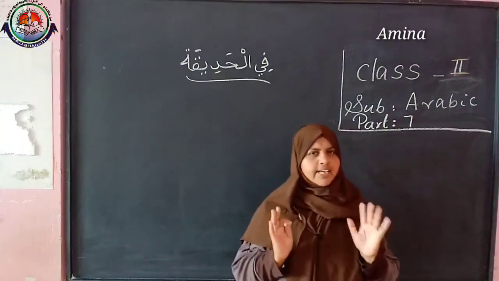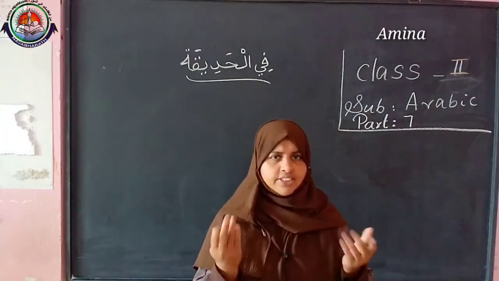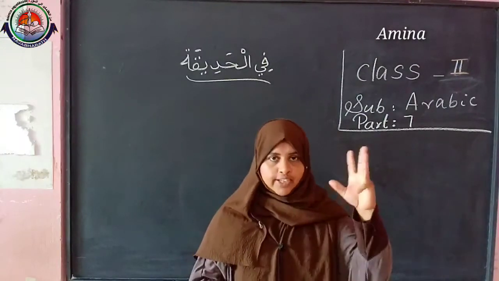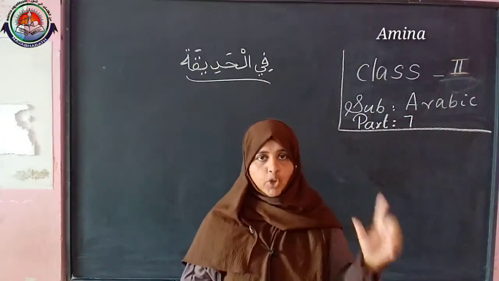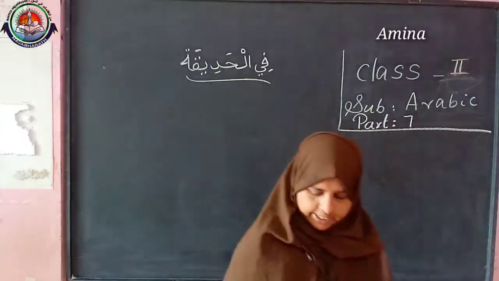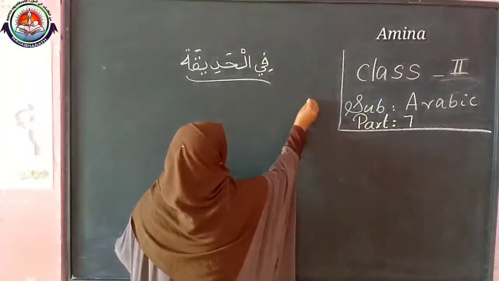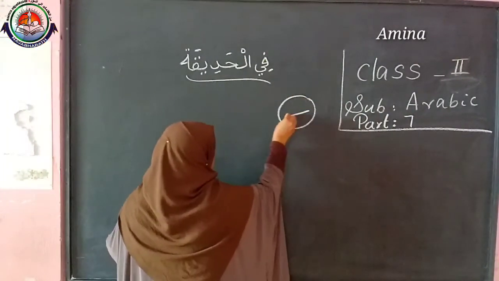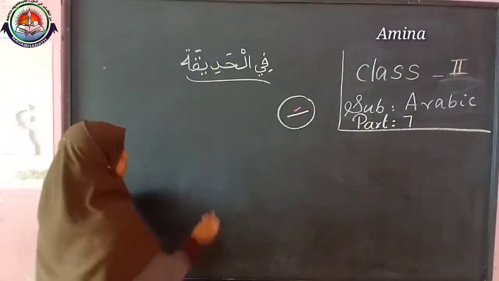How many symbols are there in the Arabic language? Do you remember? Yes. Fathah, Kesra, Damma and Sukoon. We can write like this. This is called Fathah.